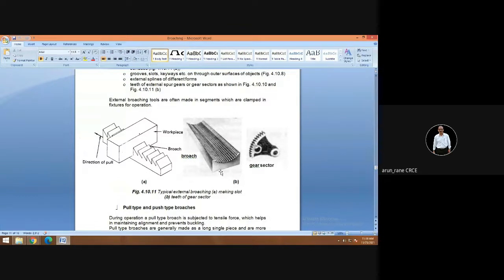We have been discussing the internal broaching applications. Here are some applications for the external surfaces.